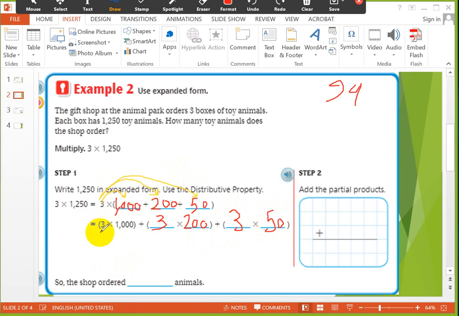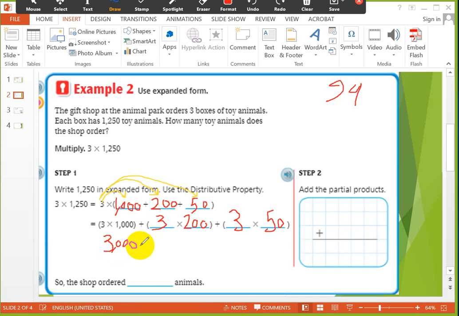Okay, 3 multiply 1000. If you want to multiply 3 with 1000, you have to multiply 3 with 1 and put 3 zeros next to the answer. So it will be what? 3000. 1 multiply 3 equals 3 and put 3 zeros like this. So it will be 3000.